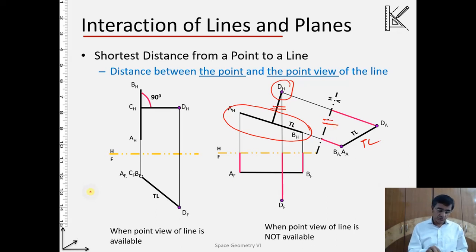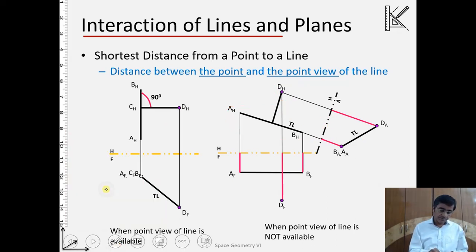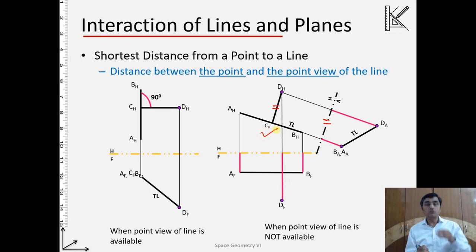Okay, so the foot of the perpendicular can be determined now with the help of that this line should be parallel to the auxiliary plane, and that is how we determine the foot of the perpendicular, which we call it CH, on the horizontal plane. So C is the foot of the perpendicular, CH is the projection of that onto the horizontal plane.